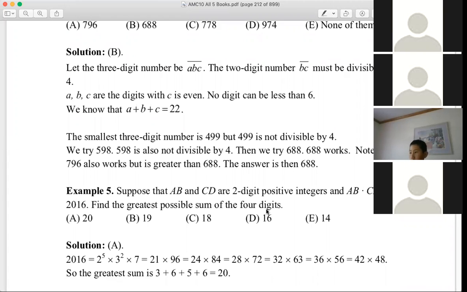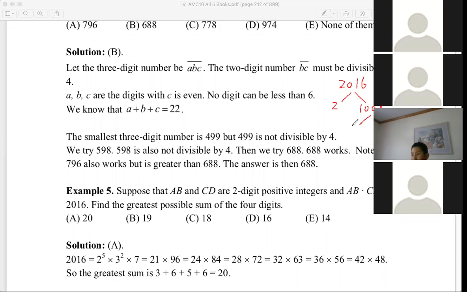Okay, this problem actually is not hard. So definitely you need to factor 2016. Let's factor this number first. This is called a factor tree. So this is an even number, definitely divisible by 2 first. You get 1008.